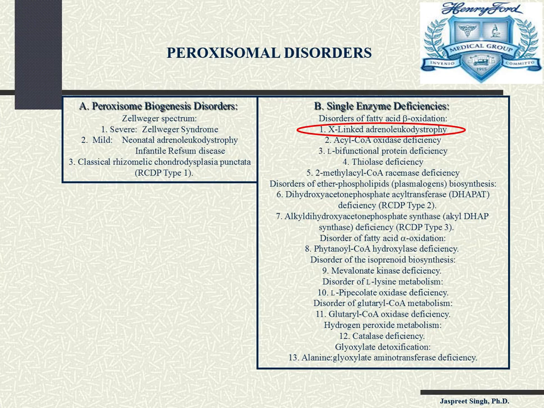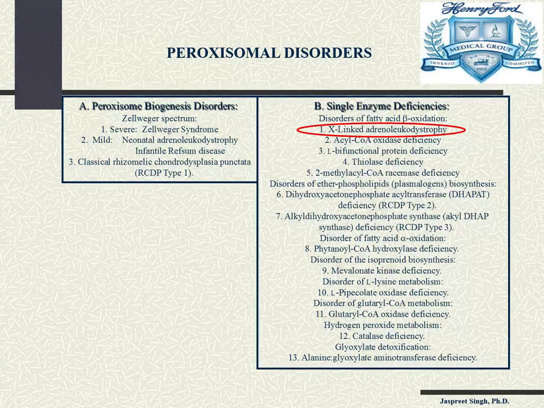The peroxisomal biogenesis disorders result from mutations in the peroxin proteins, which are required for the construction or the biogenesis of the peroxisomes, PEX5 being the most common of all those. Whenever there's a mutation or a deletion in these proteins, you basically have non-functional peroxisomes, also called ghost peroxisomes.